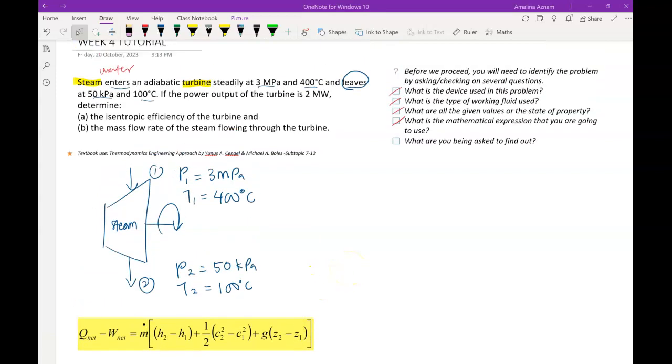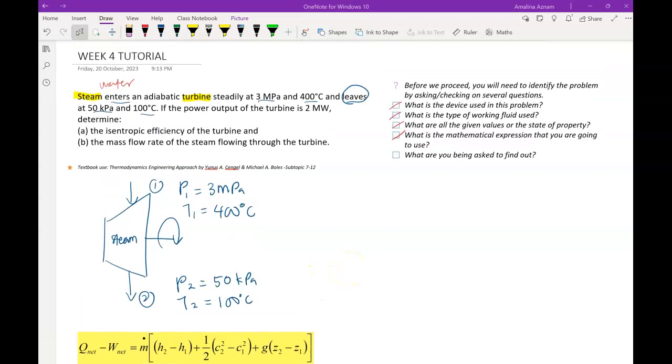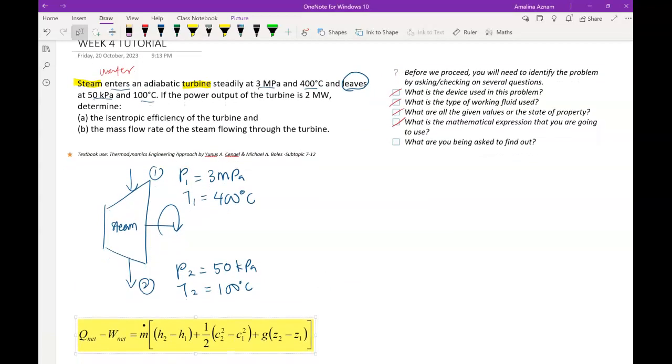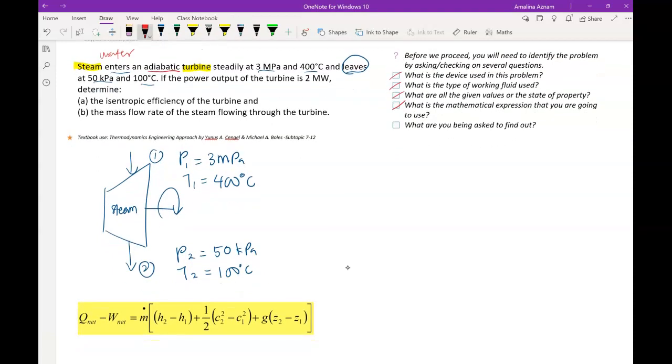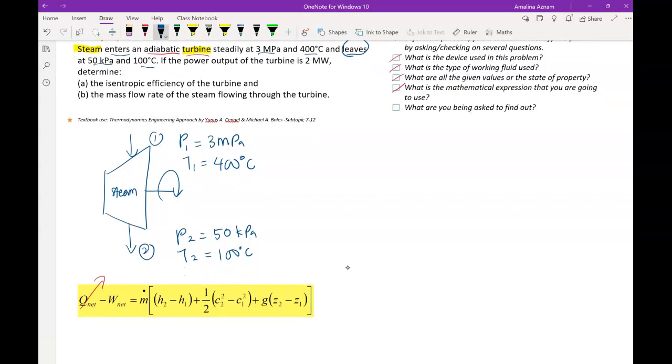Okay, so let's go back to the question that we have up here. Given to you, this is an adiabatic turbine, so that's why you can cancel out the Q term over here. And because you know that this is a turbine, you are going to have work out over here, right?